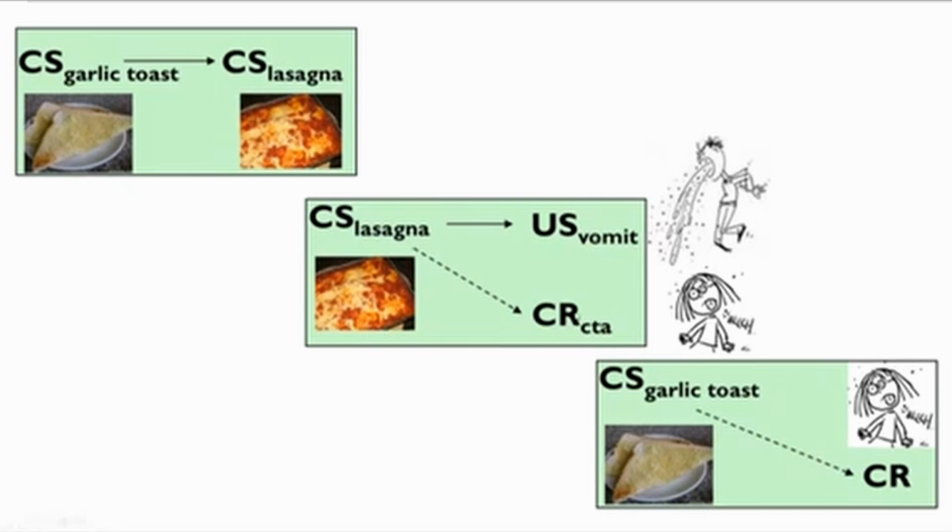And our conditioned response is a conditioned taste aversion, where now when we think of lasagna, we think, ew, that made me sick. As a result, now when we think of garlic toast, which never actually made us sick, it makes us think that it's gross because of that association that we learned with lasagna. So garlic toast got dragged along because of what we learned about the lasagna.